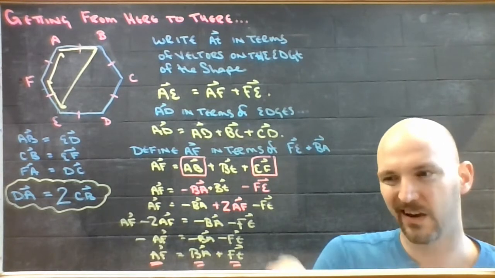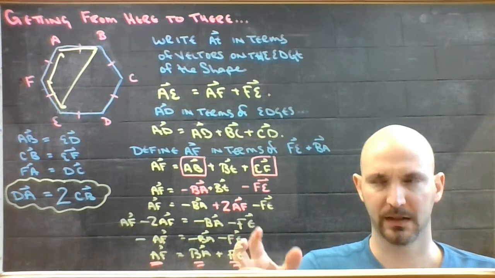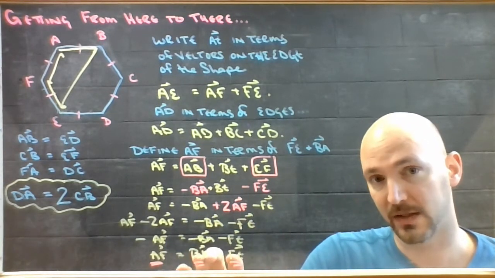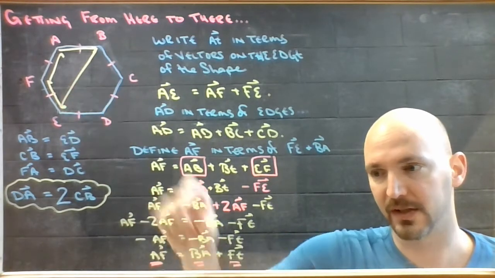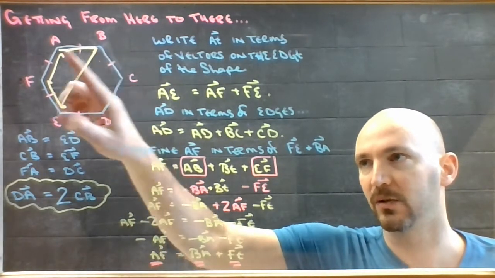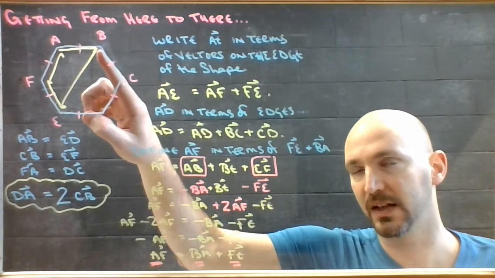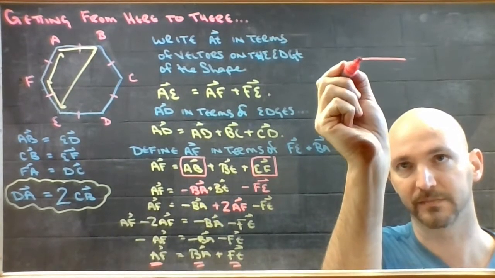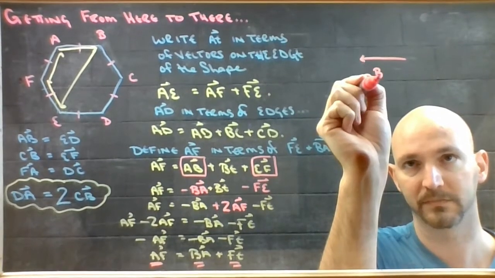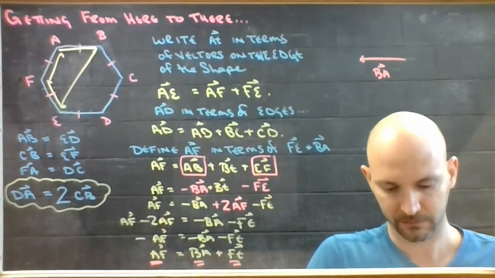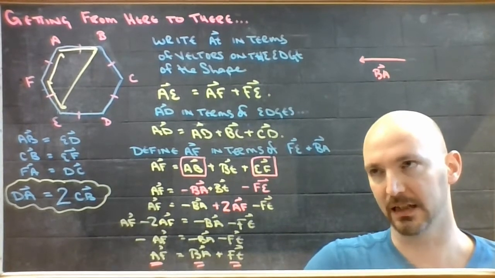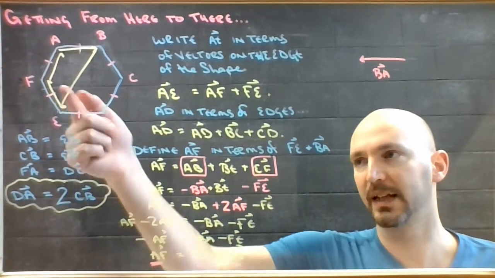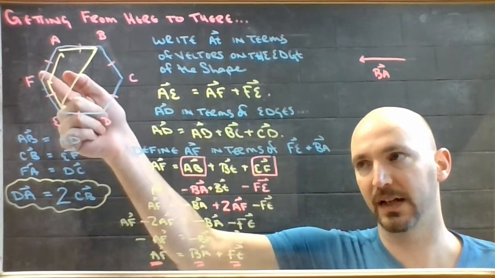So, if I take this little diagram and I lift the vectors here, B to A is this thing going like this, straight to the left. So BA is like this. Now F to E goes like this, on a 60-degree angle.